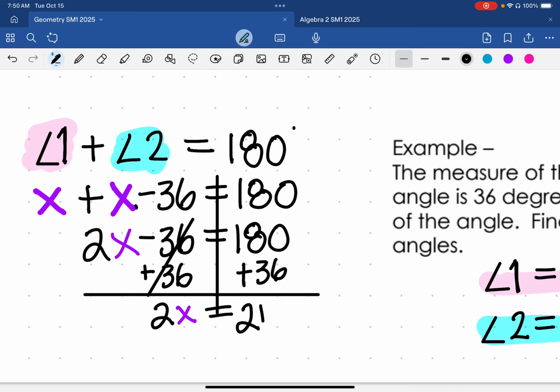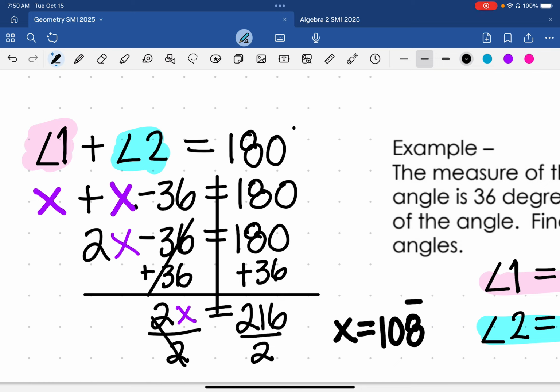That's what I thought. And then, of course, I would end by dividing by 2. And I would get x is equal to 108.